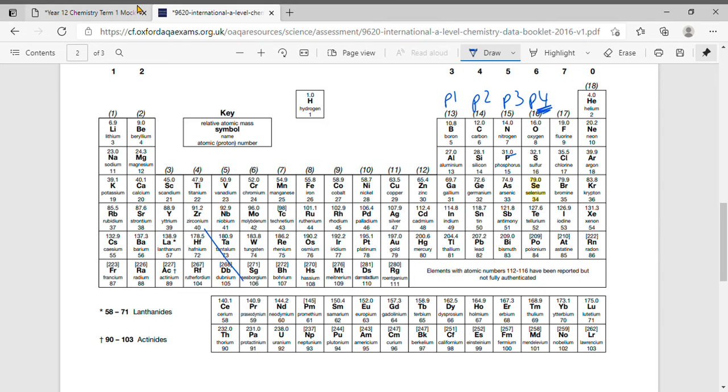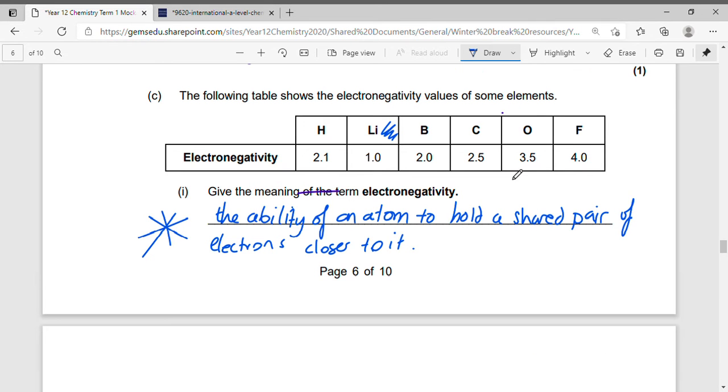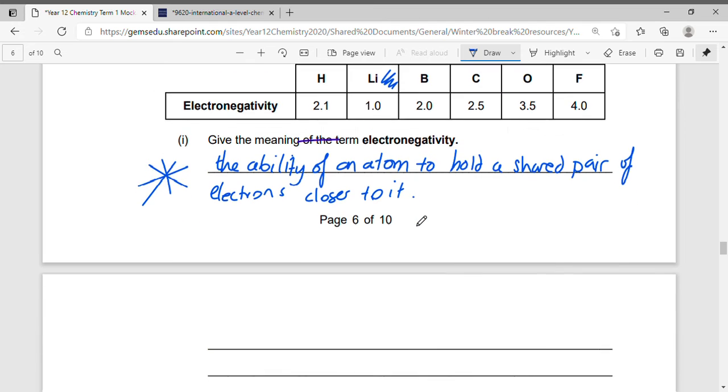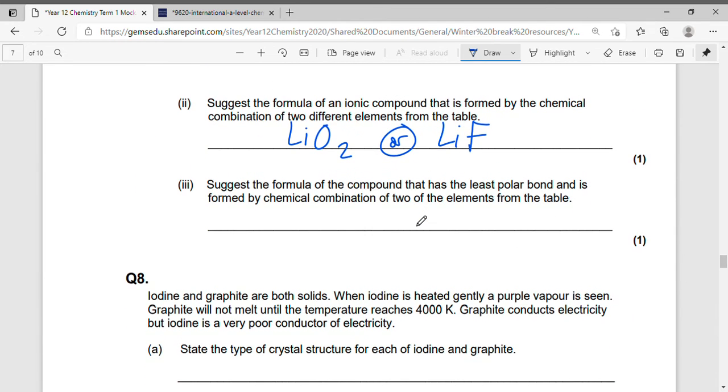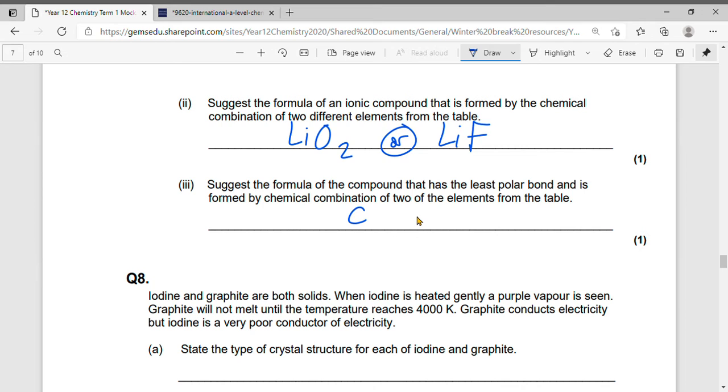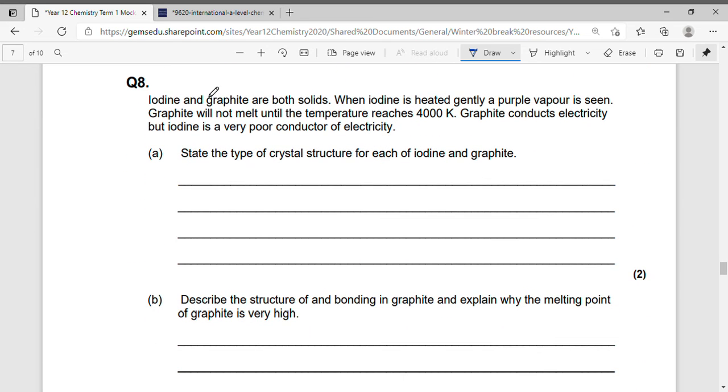I'm not exactly sure. Let's just do CH4. That's quite nonpolar. Iodine and graphite are both solids.